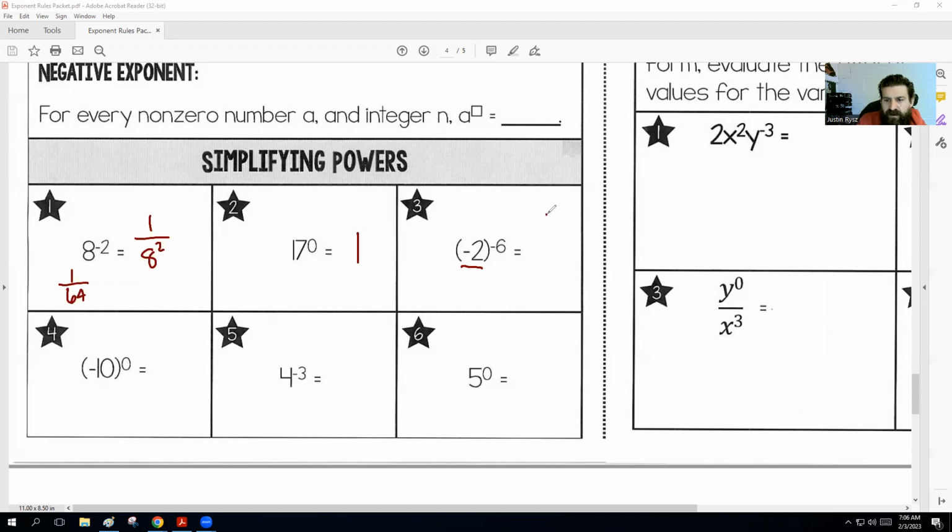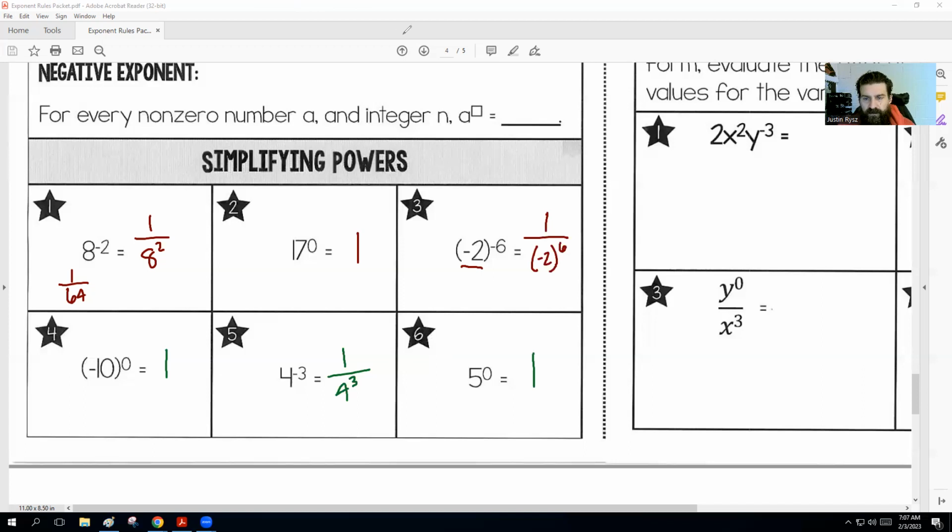The -6 power is just going to make it a fraction, and we're going to make it a +6 on the bottom. -10 to the 0, anything to the 0 power is 1, so those are always easy problems. 4 to the -3rd would be a fraction of 1 over 4 cubed. And then 5 to the 0 power, anything to the 0 power is 1.